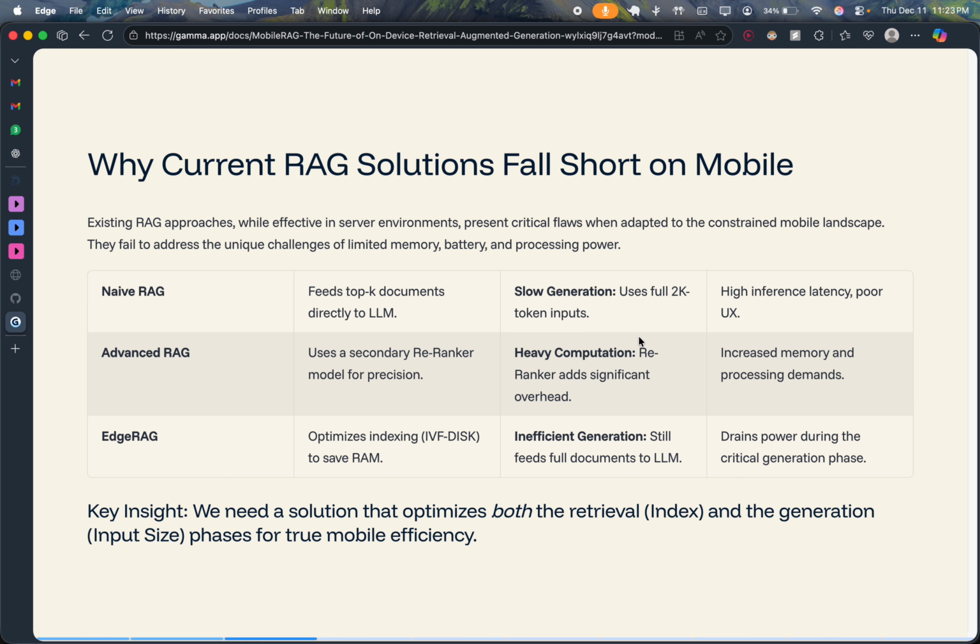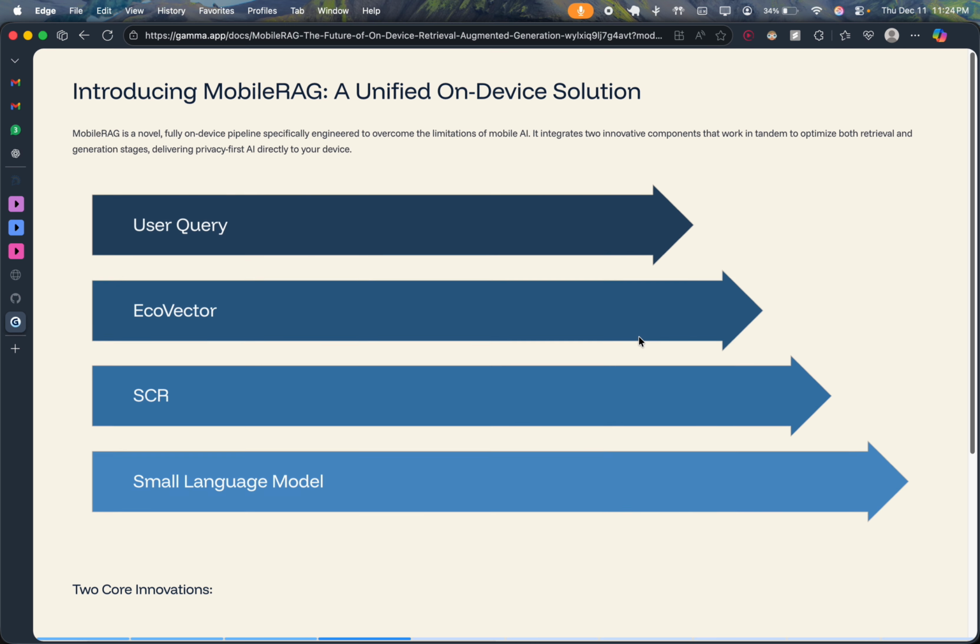Third is edge RAG, which has optimized indexing for searching the correct documents, but it is inefficient in generation because it still feeds full documents and then drains power during the critical generation phase. So we need a solution to optimize both the retrieval and the generation phase for mobile efficiency.